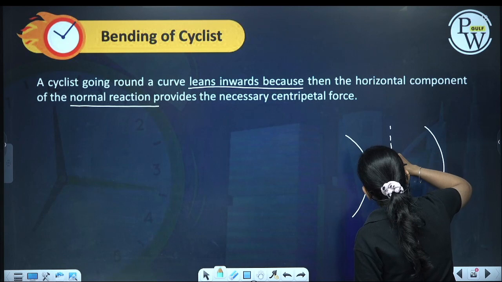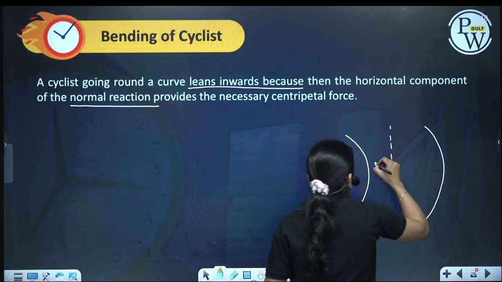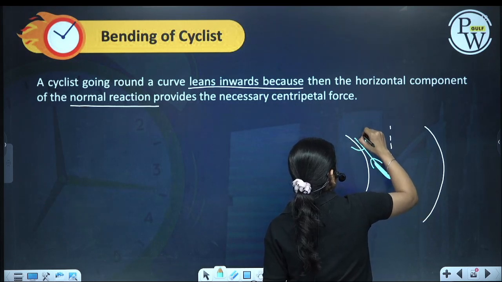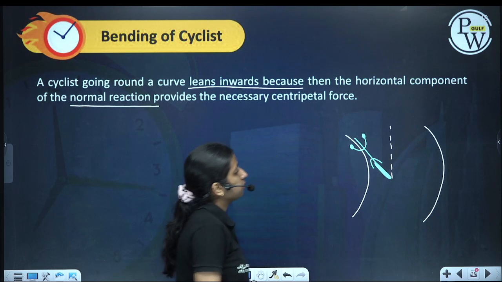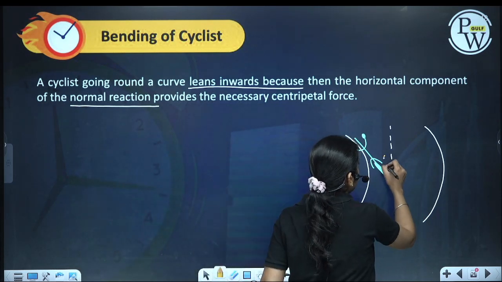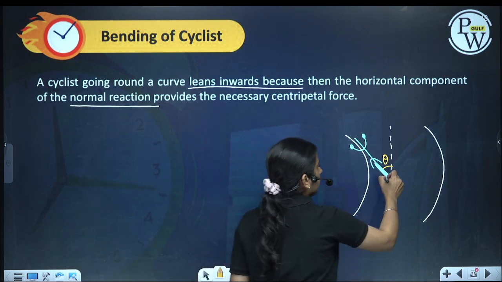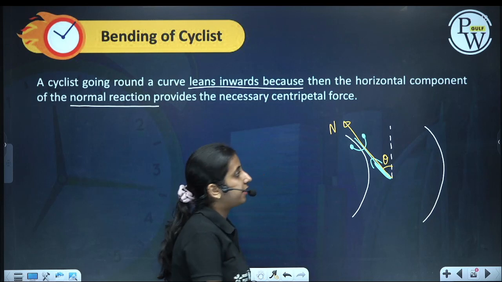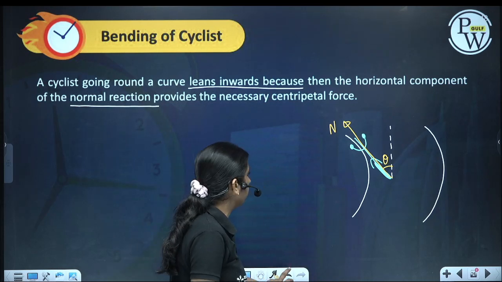The cyclist will lean the cycle by some angle theta towards the center. Now the normal reaction will act along this line.